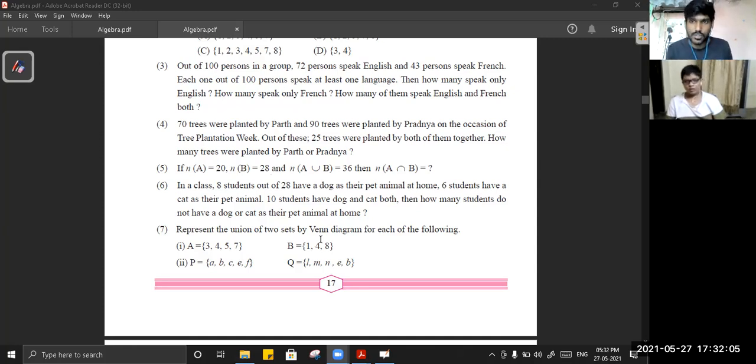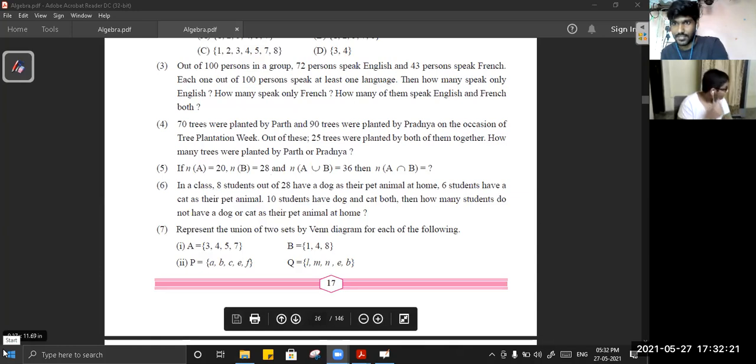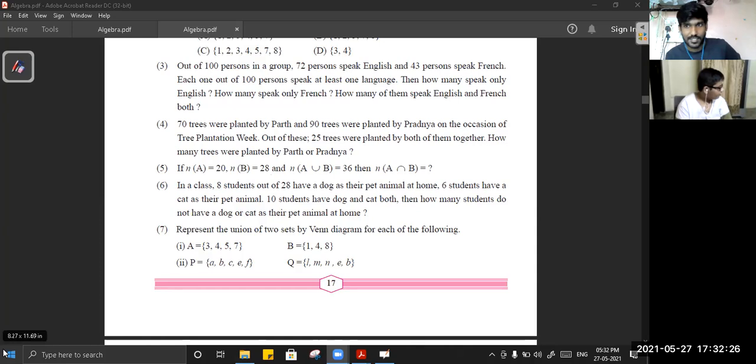Which app do you use? I don't know. I just downloaded a random app to make a PDF. Do you remember the name of that app? Name of the app. PDF Maker. Okay. Actually, I'll recommend you use Adobe Scan.